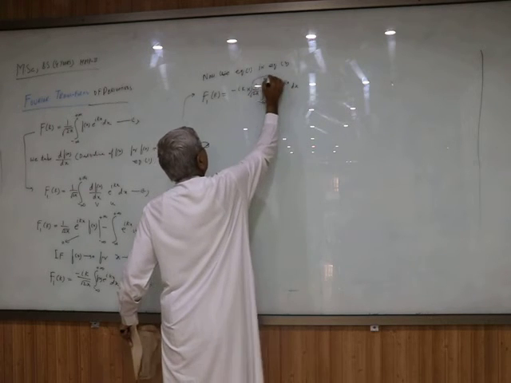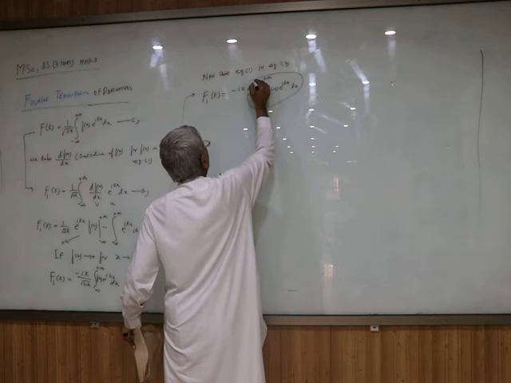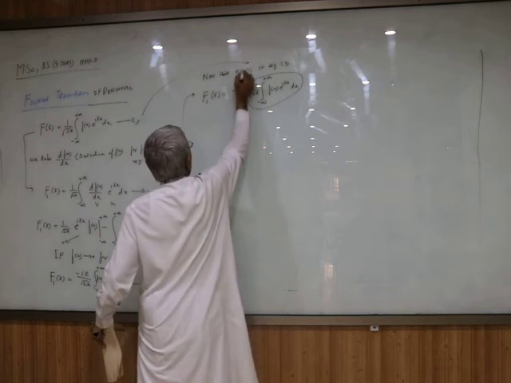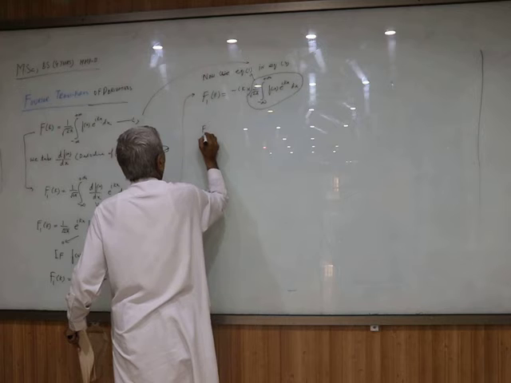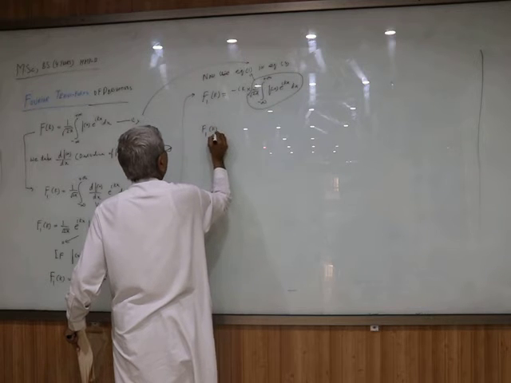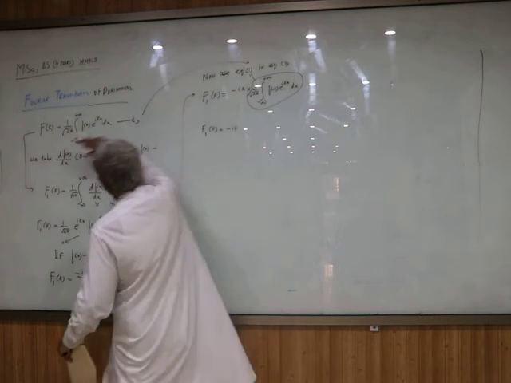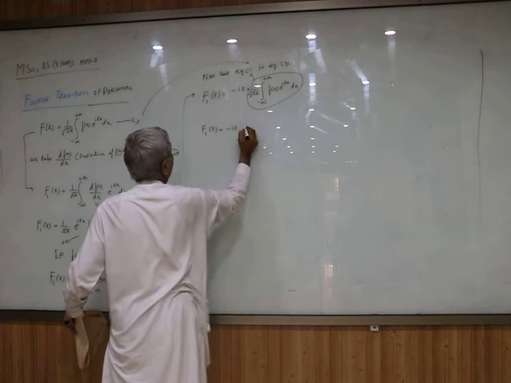Now what is this? By equation number 1, that is this one, you can write it as f1(k) is equal to minus ik into f(k).